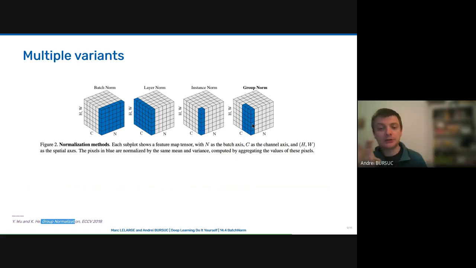So here I take 3 channels and I normalize them together. Here I might take other channels and normalize them together. Group norm is also one of the most efficient ones that provide the closest results to batch norm when using small mini batches. So this is still an ongoing area of research, and there are various other works trying to improve things here.